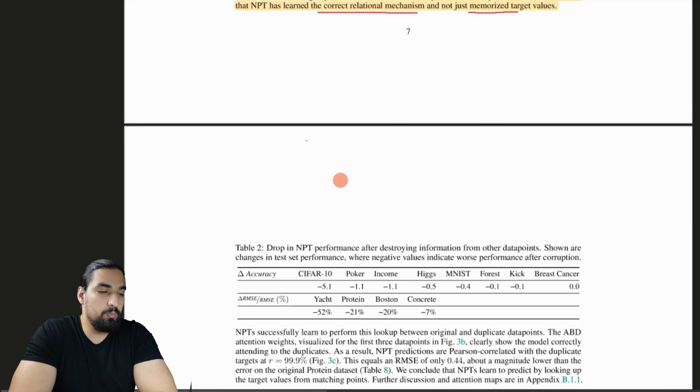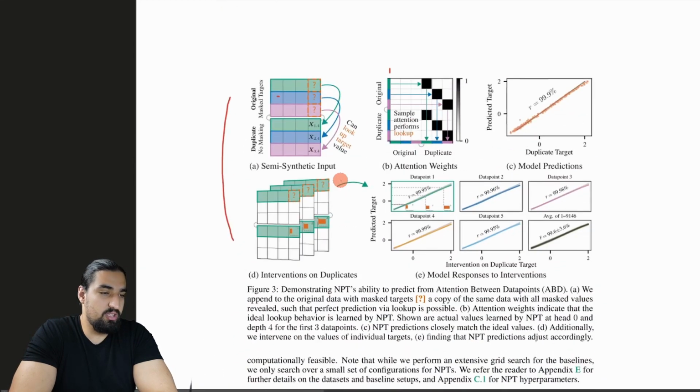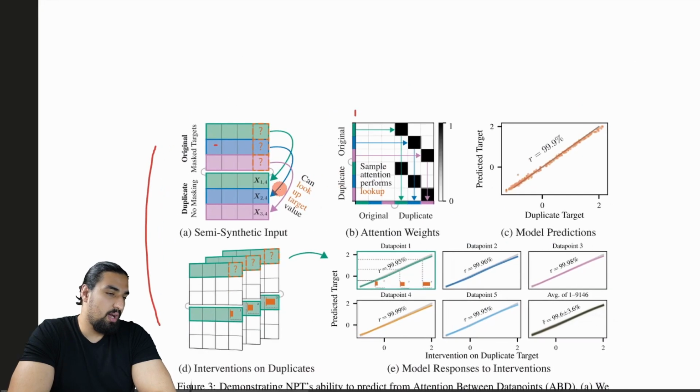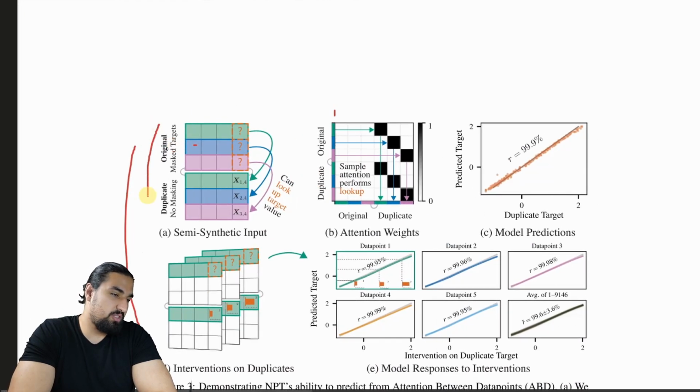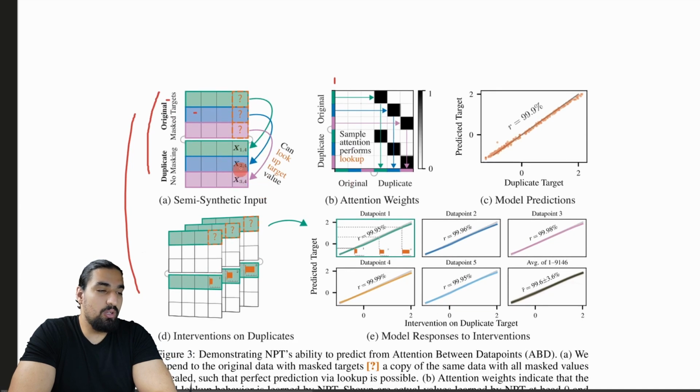Okay, so they have a nice chart here where you can see what the input is. We have some data points, and we have the target values that are hidden, denoted by these question marks, and we have the actual correct values here. So if MPT is smart, even though we're going to just backprop on these masked values, it's going to learn how to find this similar vector, which is basically the same vector, and then just copy this value here.